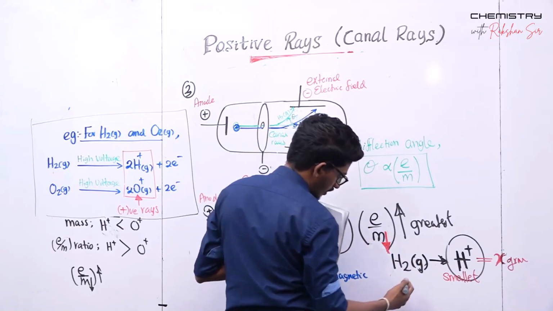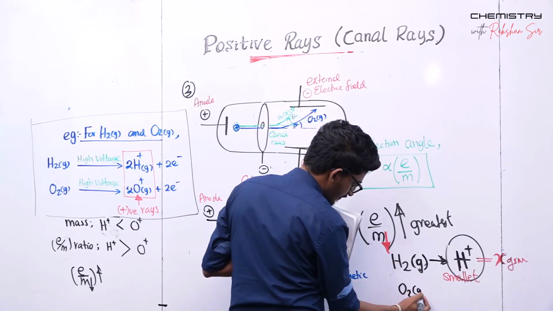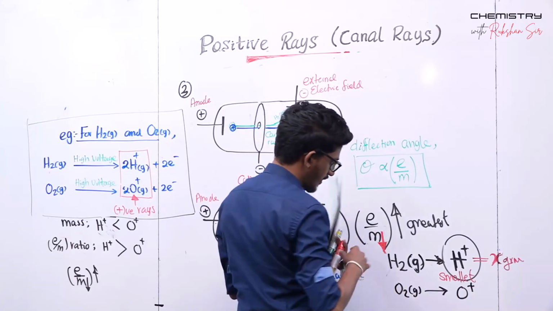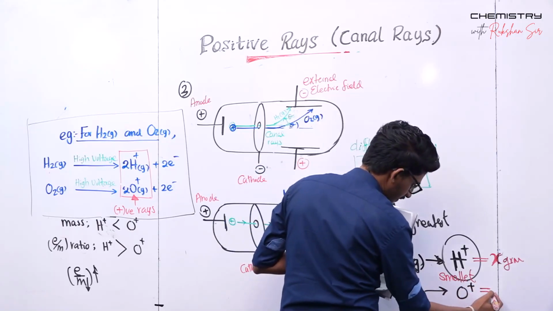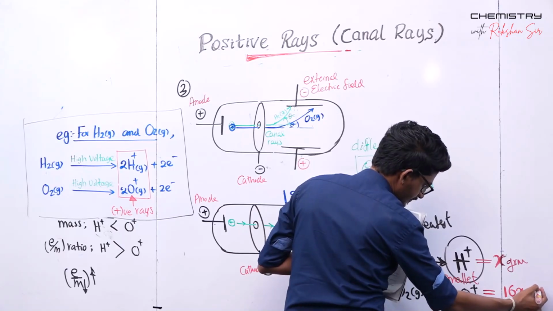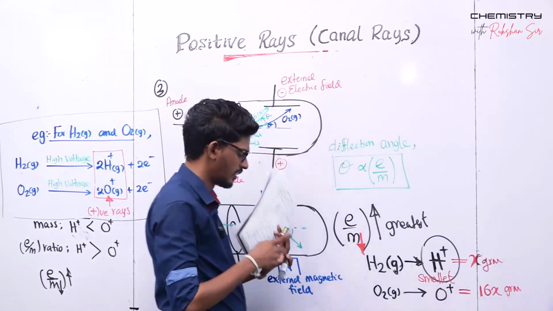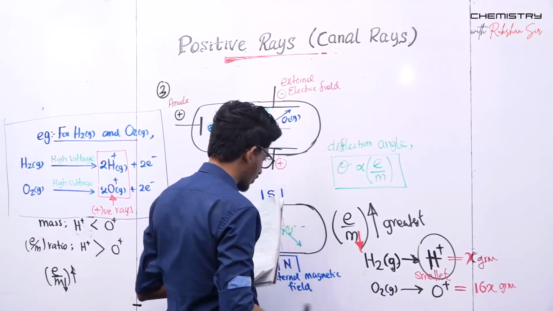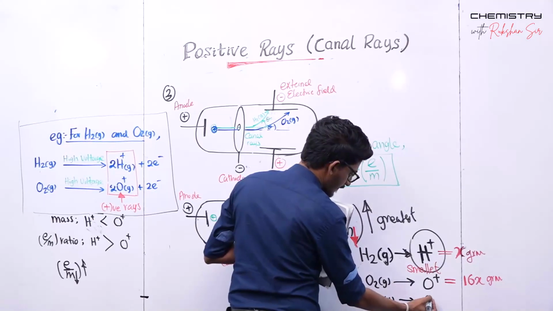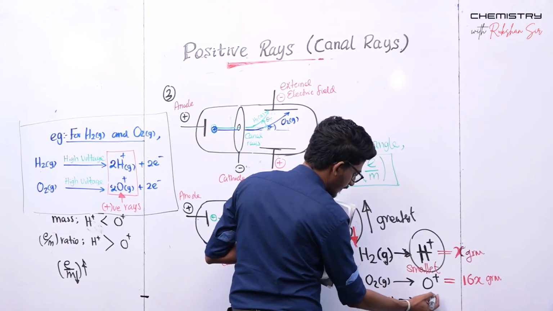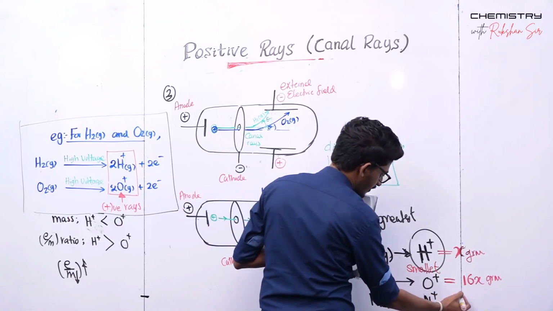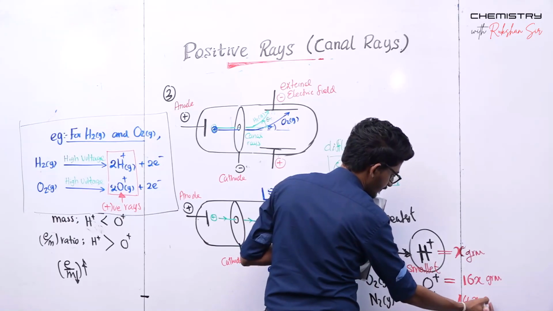Like if you are to deal with the O2 gas, its positive ray particle O plus comes up with some mass which is equal to 16x. If you are to think of some other positive ray particle, the N2 gas, that will come up with a mass which is equal to 14x.